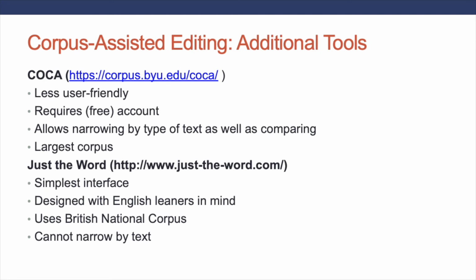And Just the Word does not allow you to narrow by the type of text, as we saw in Word Neighbors, where you can narrow by articles and reports, and you can further filter that to humanities and social science or business.